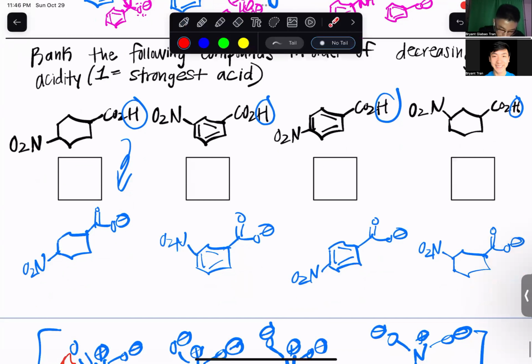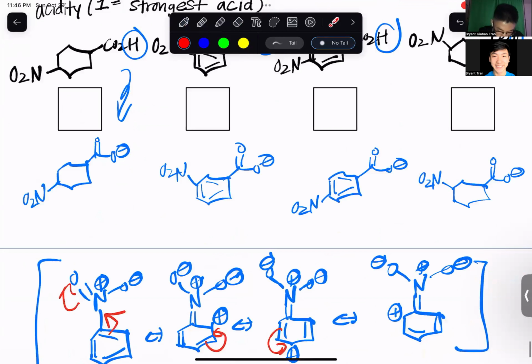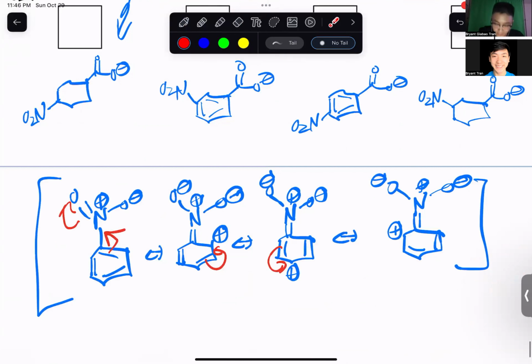So we see that we have NO2 groups on all of these rings, where NO2 is an electron-withdrawing group inductively and by resonance. So if it's connected to a benzene ring, we see that the NO2 is going to create positive charges on the ortho and para positions. We see here positive charge on the ortho positions here and the para position here.